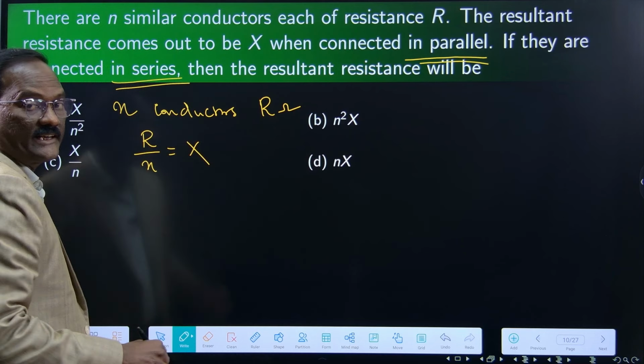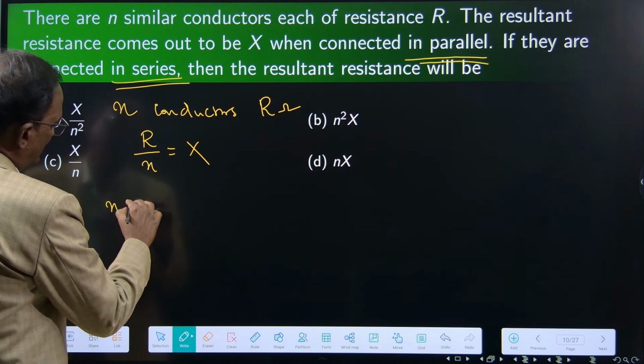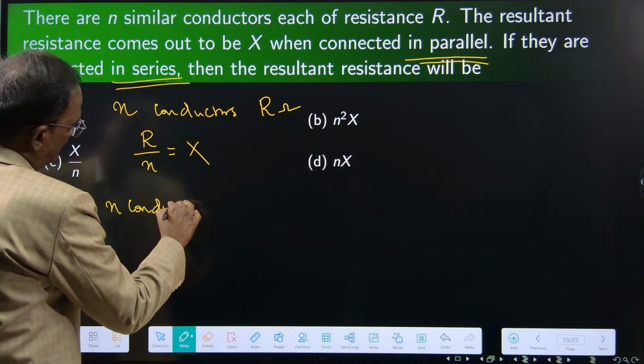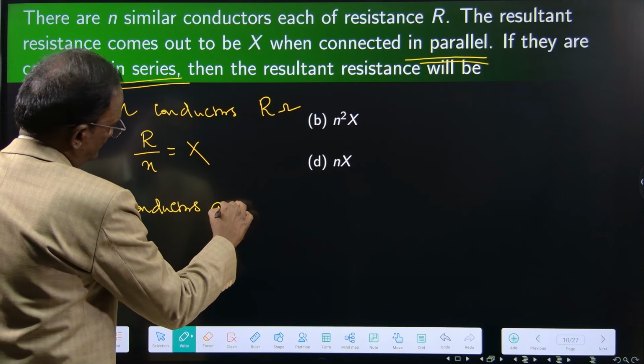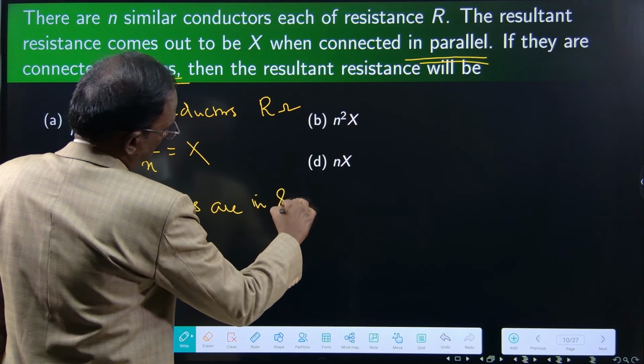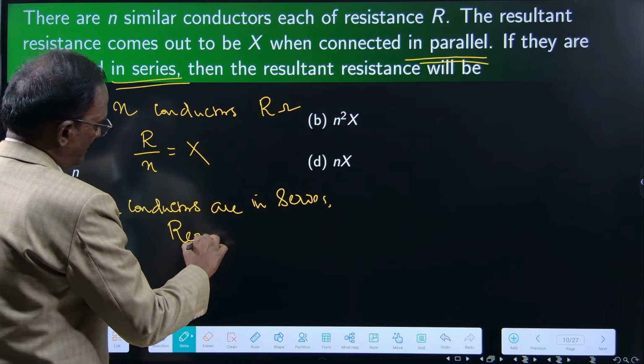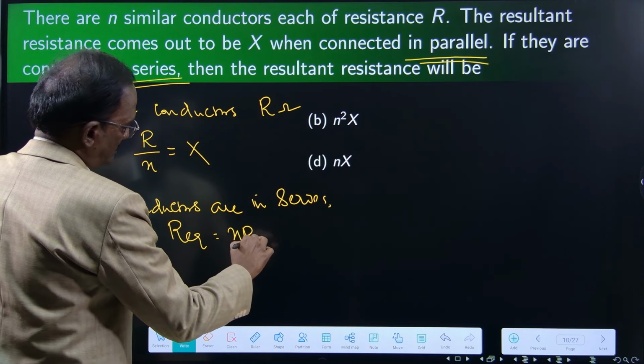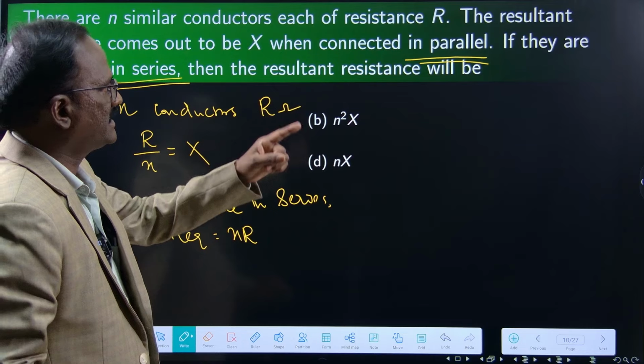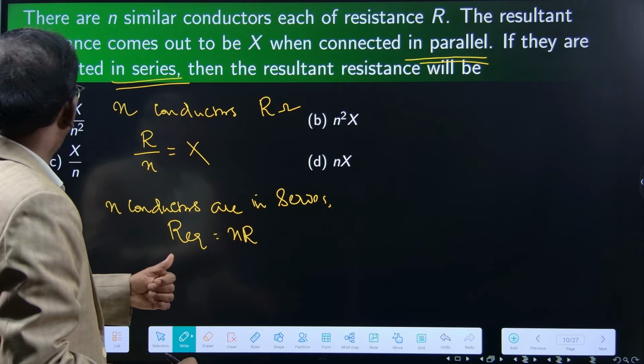If N conductors are in series, the equivalent value will be N into R.